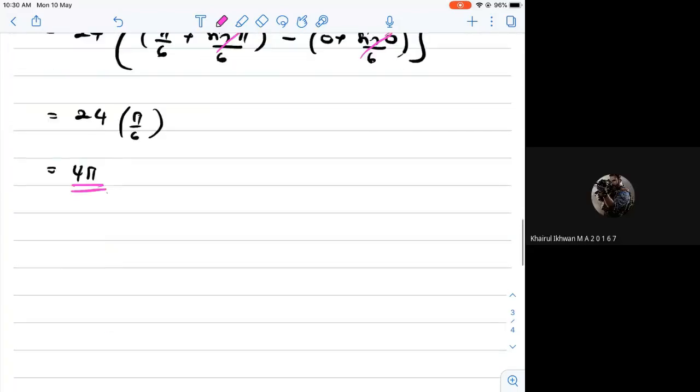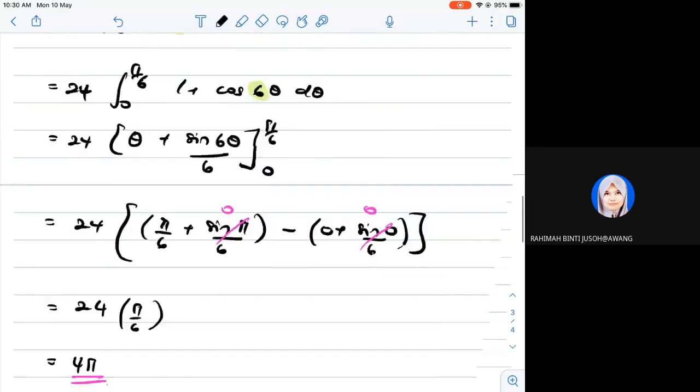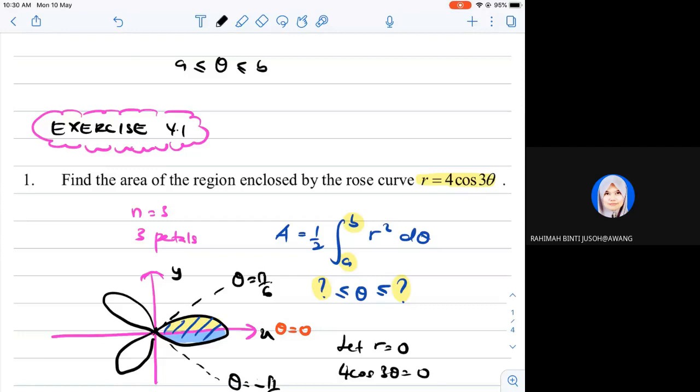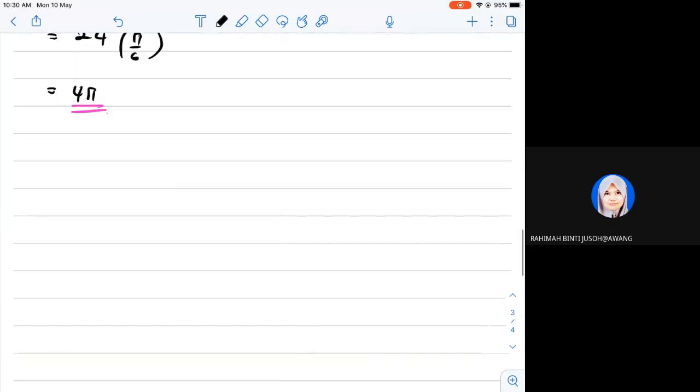Yes, Doctor. Okay, example. Just now we have a cos, which means that that is for roses yang melibatkan function cos. What if we have sine? Okay, let's say example, find the area of one petal of, okay, ni untuk one petal.